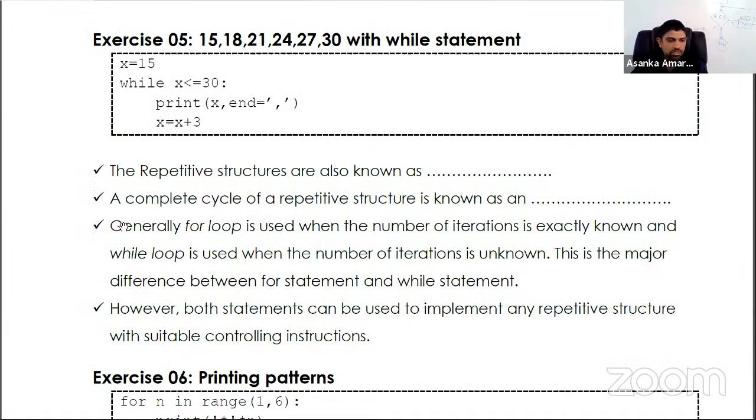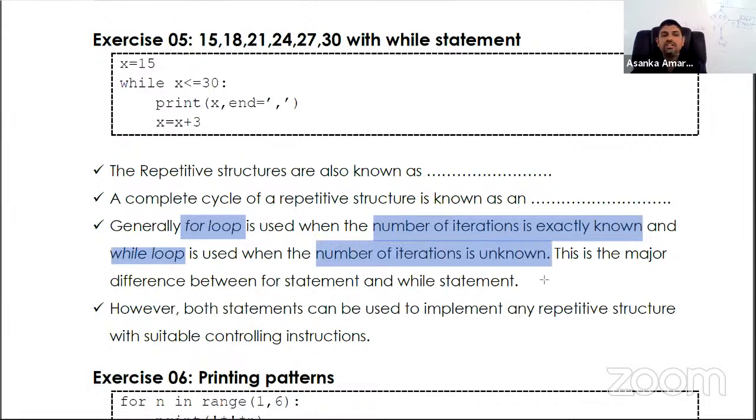Okay, look at this point. Generally, for loop is used when the number of iterations is known: 5 iterations, 10 iterations, exactly known. While loop is used when the number of iterations is unknown.